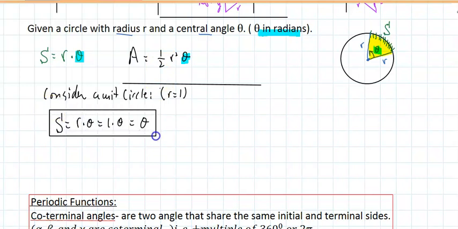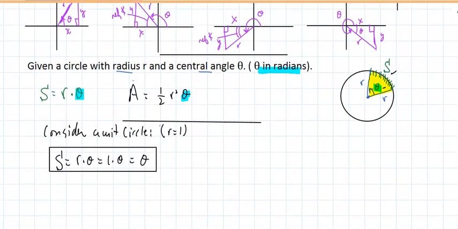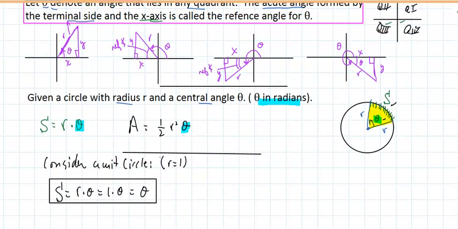So what does that tell me? That tells me the arc and theta are identical if I am in radian mode. So in quadrant 1, if I let the radius be 1, quadrant 2, quadrant 3, and quadrant 4, right? If I'm thinking of this as a circle, I know it's an odd looking circle.